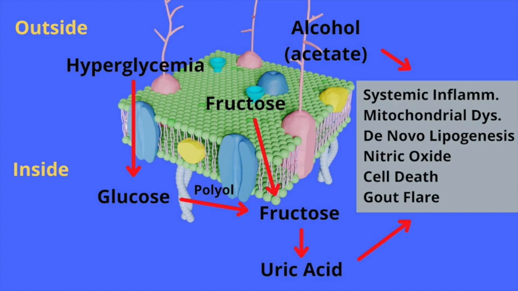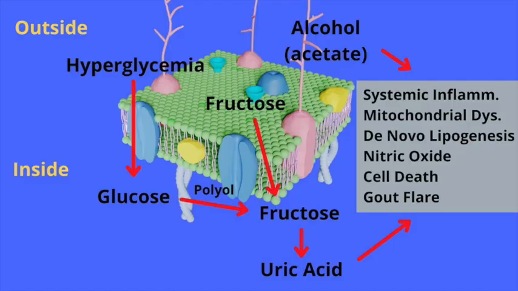The fructose then becomes phosphorylated, causing a major decrease in ATP and phosphate inside the chondrocyte, with an acute, sudden rise in uric acid. And the uric acid, therefore, is driving the derangement of the cell.